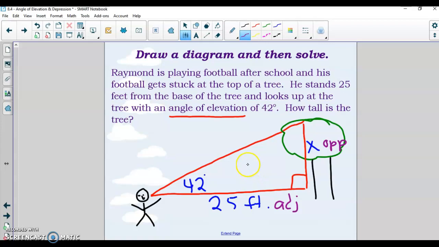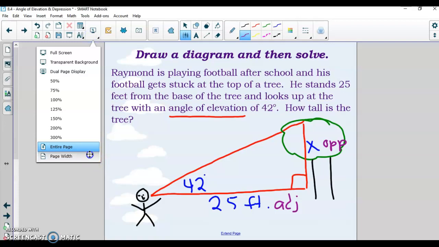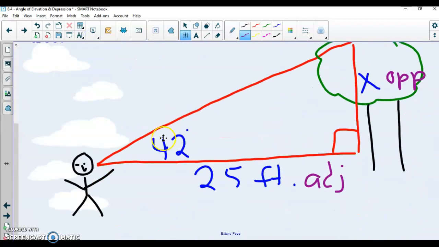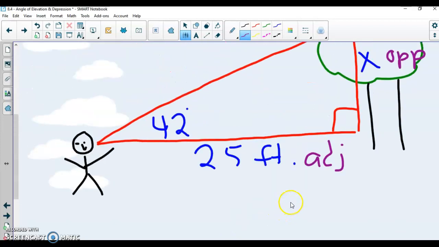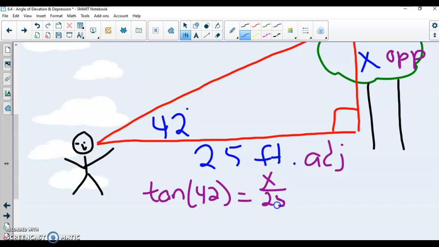So then think about the phrase SOHCAHTOA. Which trig function do we use when we have the opposite and the adjacent? It's going to be tangent. So now we can say tangent of our angle, which is 42, equals opposite, so x over 25.